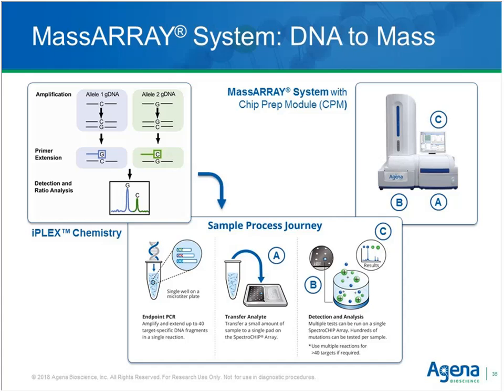The MassARRAY that Agena is providing is based on a MALDI-TOF mass spectrometer, exclusively being used for nucleic acid analysis. The way it works is that after a conventional PCR, the interrogation of the mutations is done by a simple primer extension reaction.